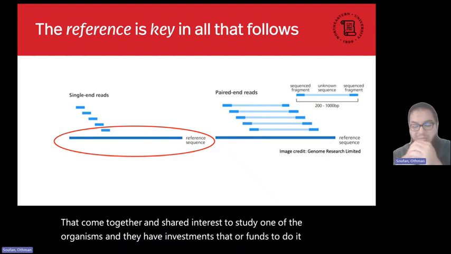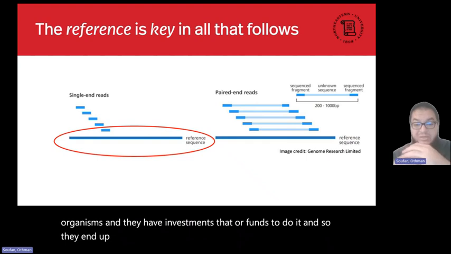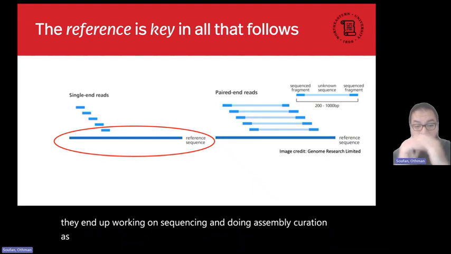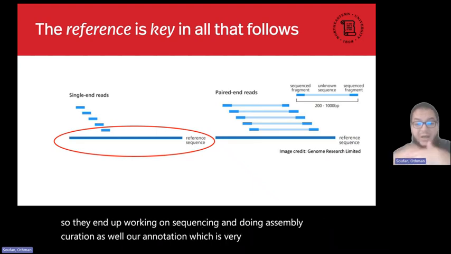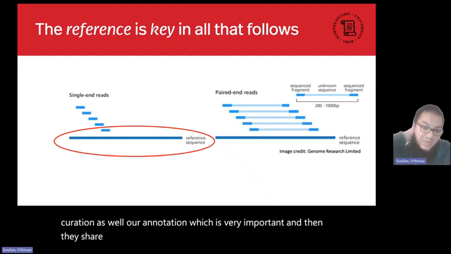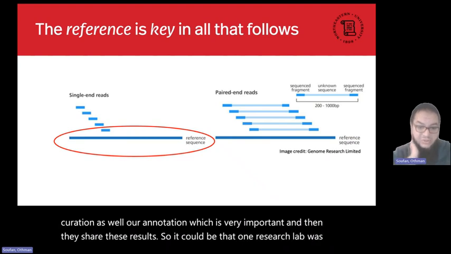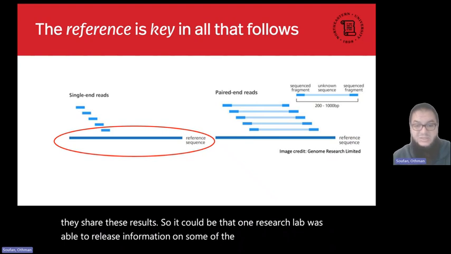So they end up working on sequencing and doing assembly, curation, as well as annotation, which is very important, and then they share these results. So it could be that one research lab was able to release information on some of the species that we can use, or there is a consortium.